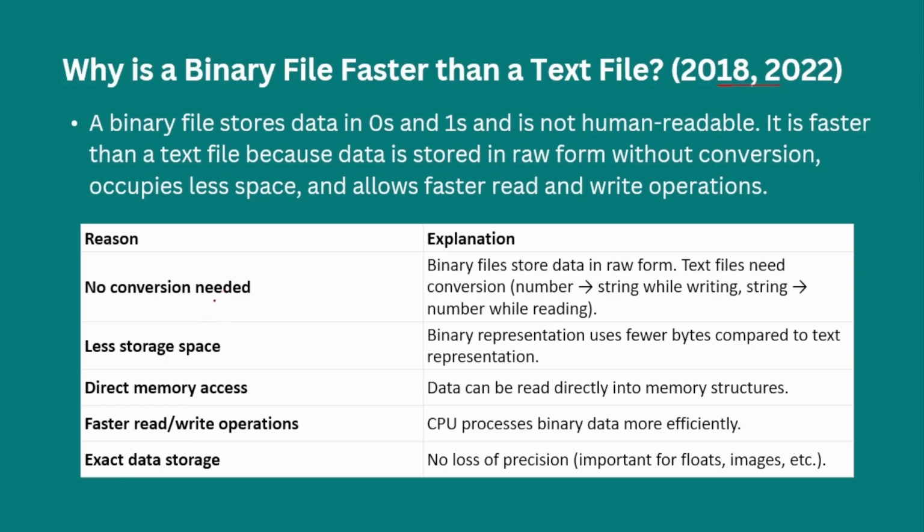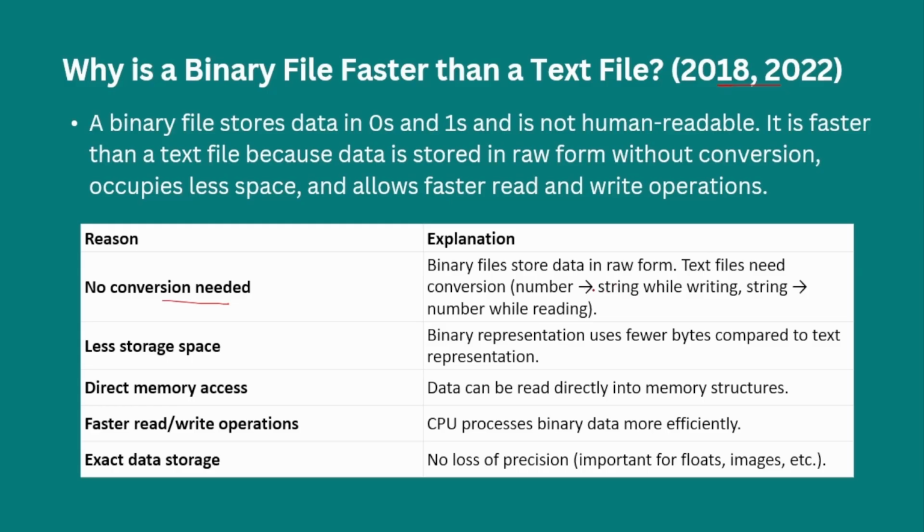Here it says no conversion needed. Binary files store data in raw form. In text file, conversion is needed. A number is to be converted to string while writing. So what happens in text file is, if we want to write a number, it will be written in the form of string, and then while reading, we'll have to convert that string to number.